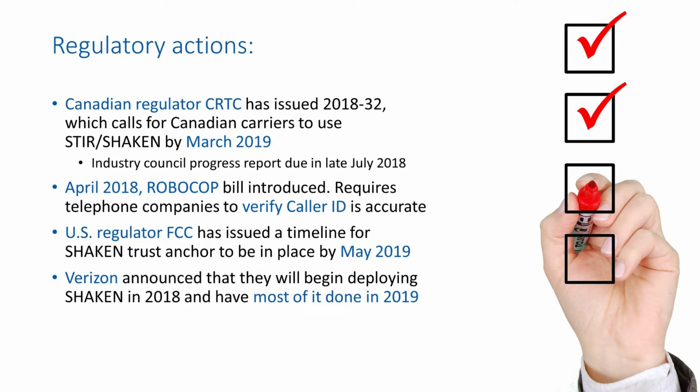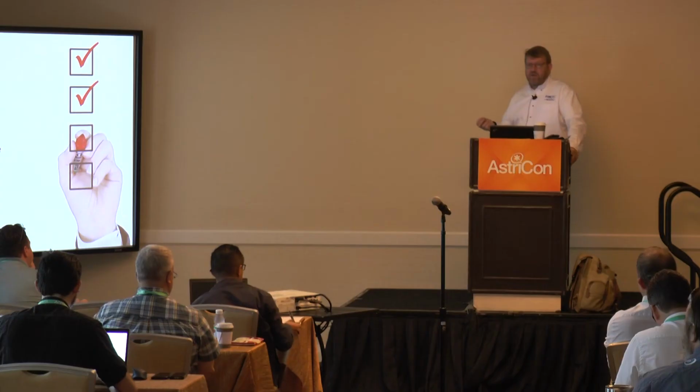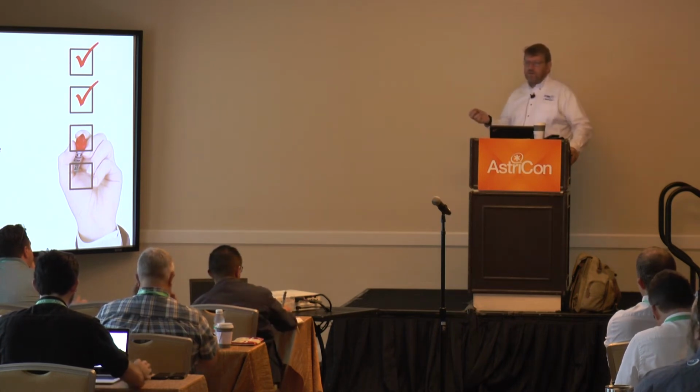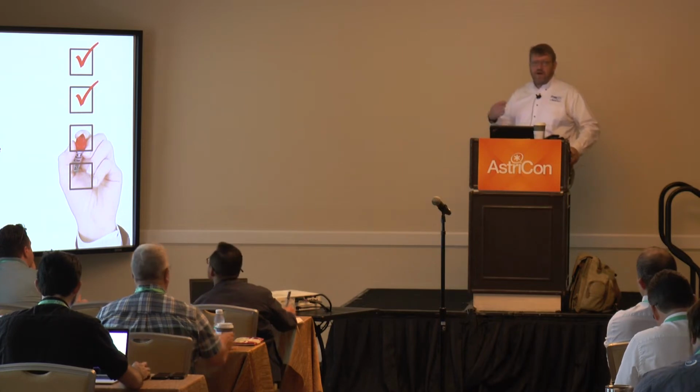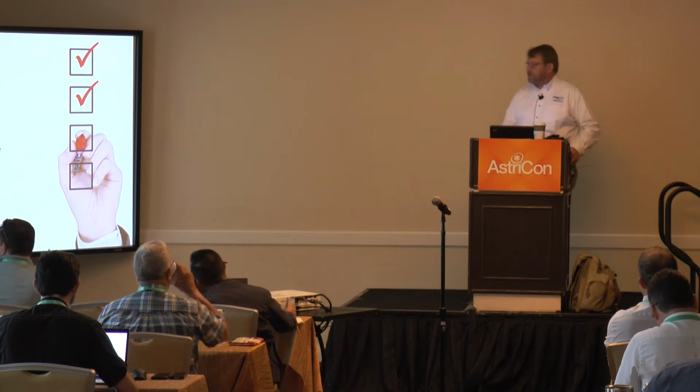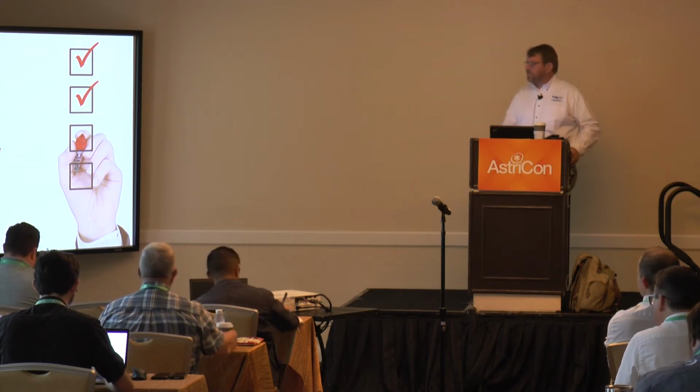And Verizon announced that they were going to start deploying that. This is probably the biggest reason why other service providers and enterprises need to be aware of this, because once one of the large service providers requires certificates for the calls that arrive on their network, you'll see the impact directly on calls that you send into the network.